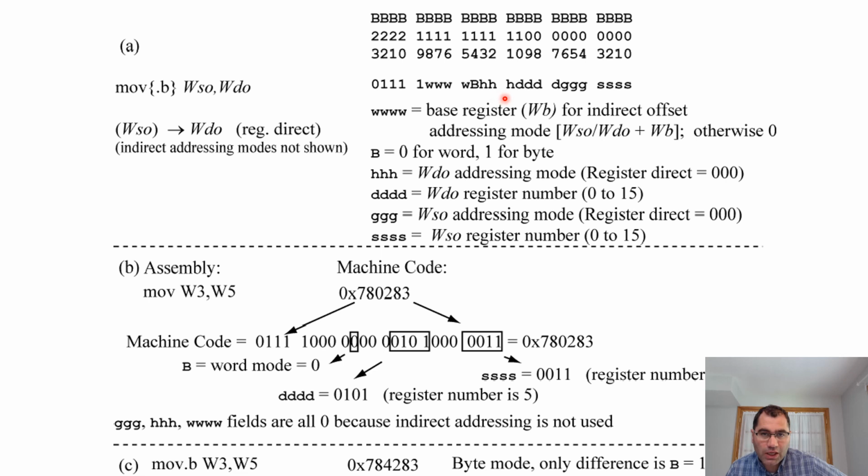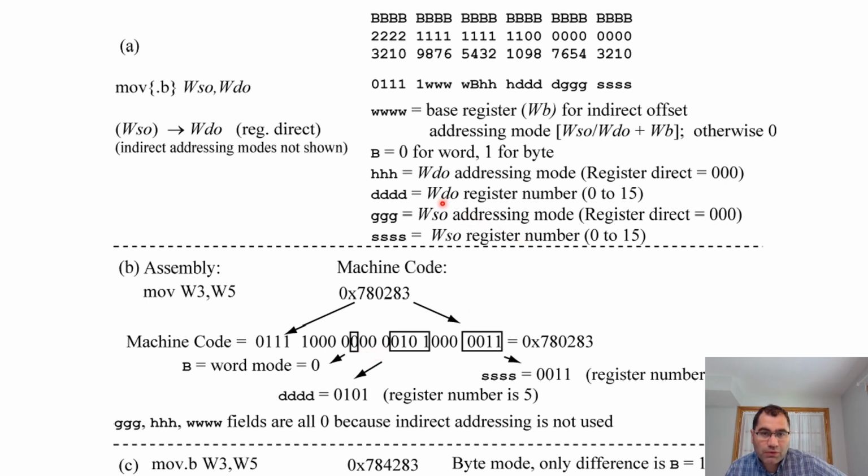HHH. So let's see what HHH means. It's the addressing mode. For register direct, it's 000, right? It says there that for register direct, it's 000. So that's why we have 000.